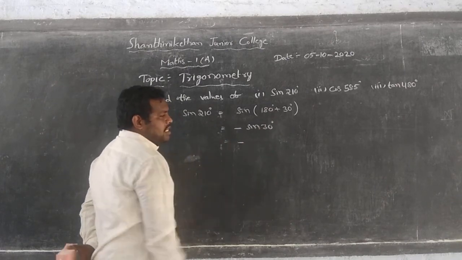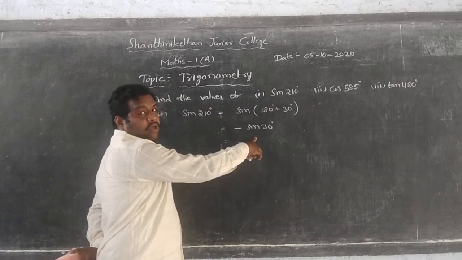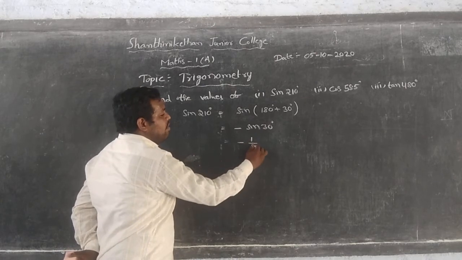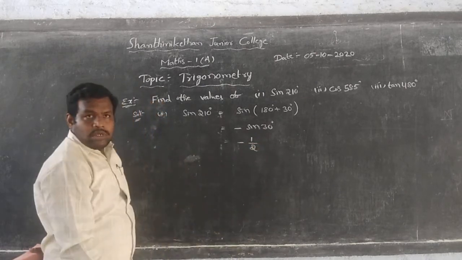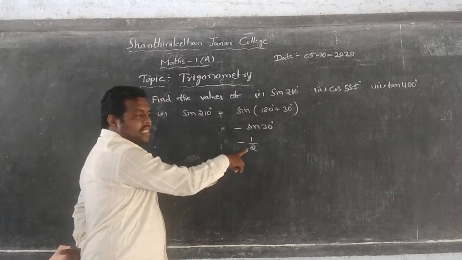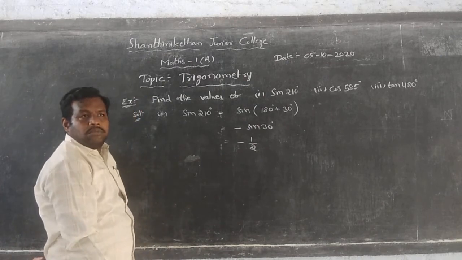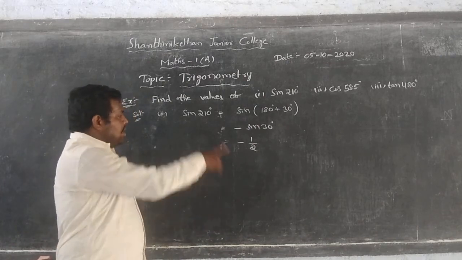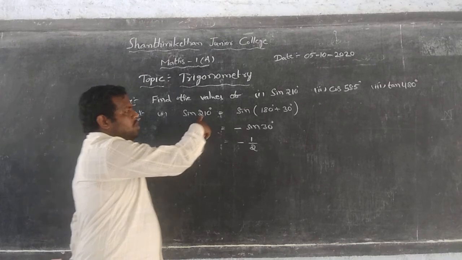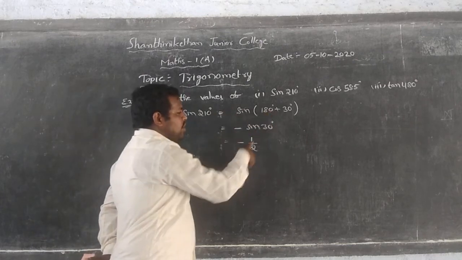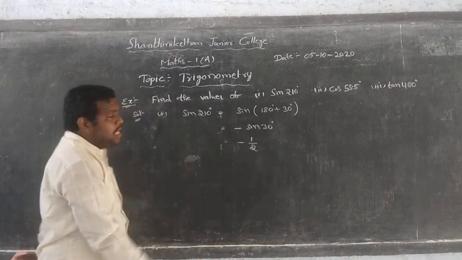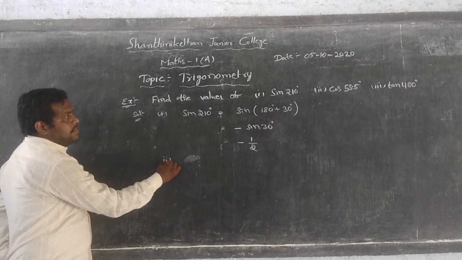Then you put minus. What's the value of sine 30? Sine 30 value is 1 by 2. So sine 210 degrees value is minus 1 by 2. By using a related angle, we found the unknown value. Minus 1 by 2.